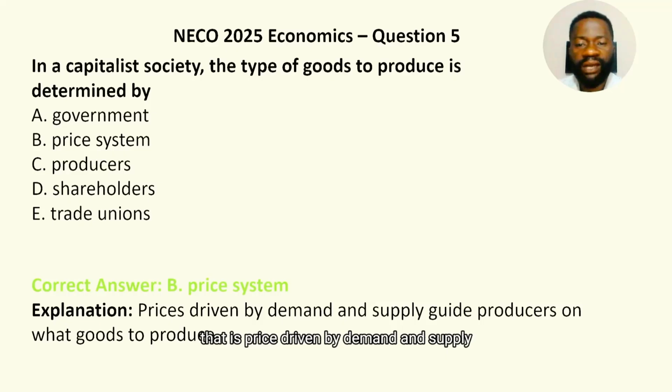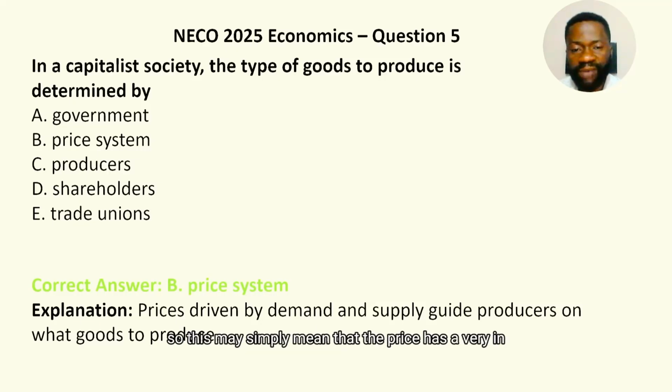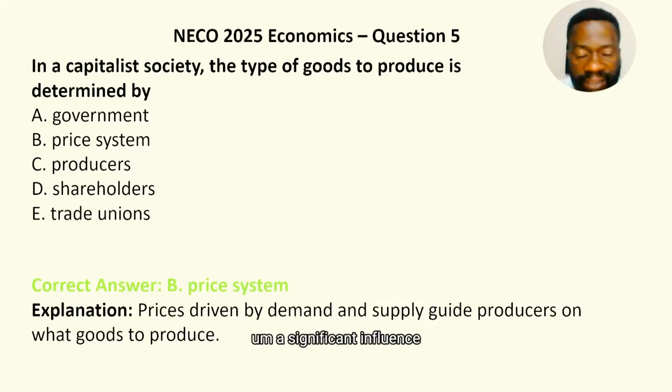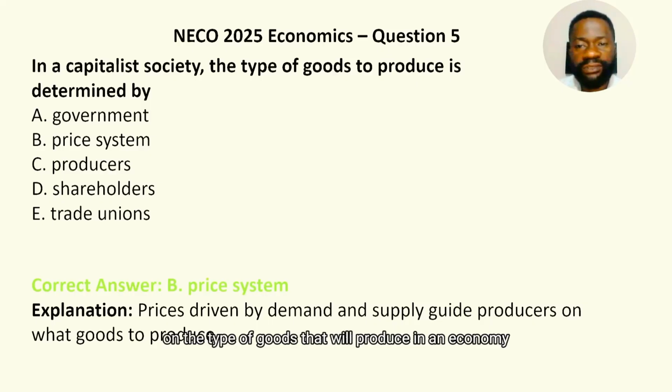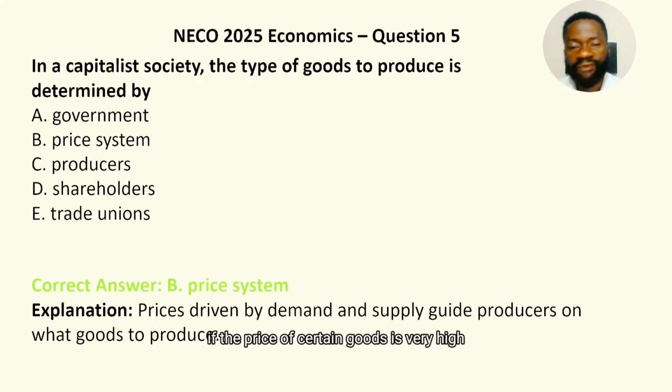That is, price driven by demand and supply guide producers on what goods to produce. So this simply means that the price has a very significant influence on the type of goods that we produce in an economy. If the price of certain goods is very high, that means that producers will not want to produce more of such goods because the demand is going to be very low. Next one.